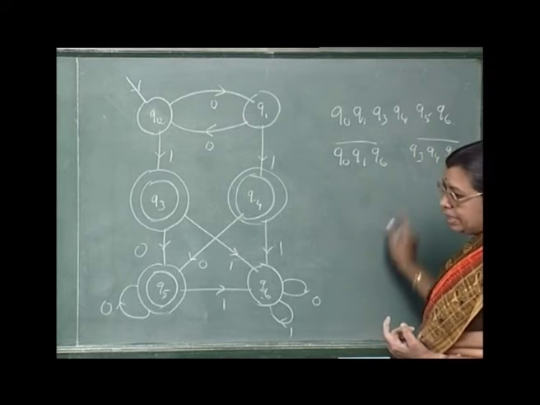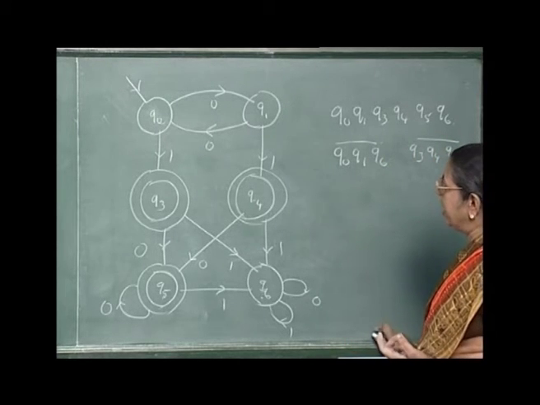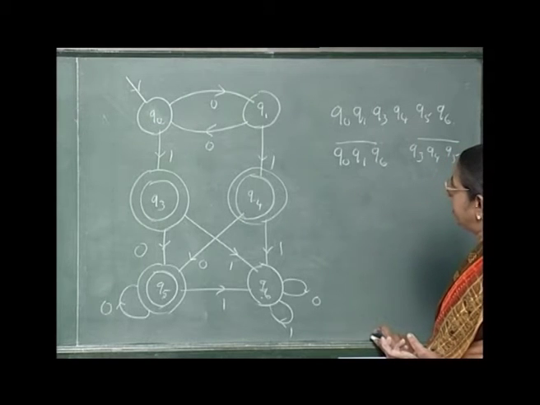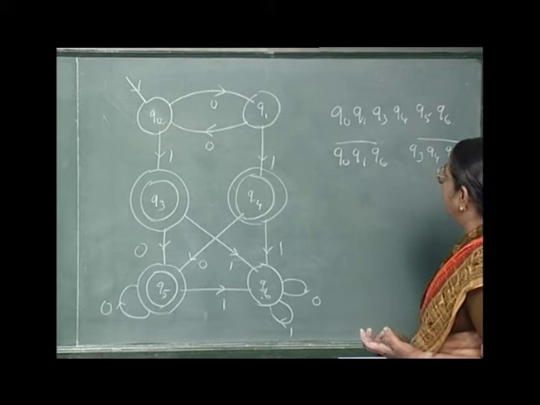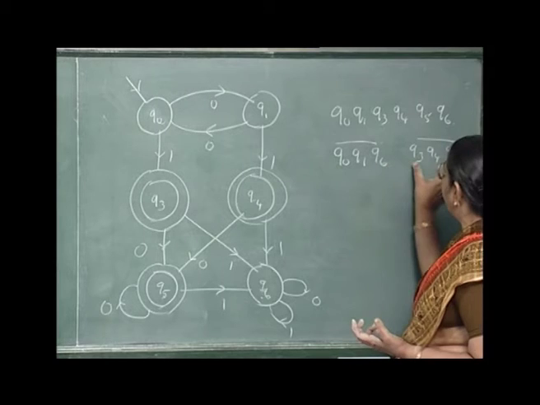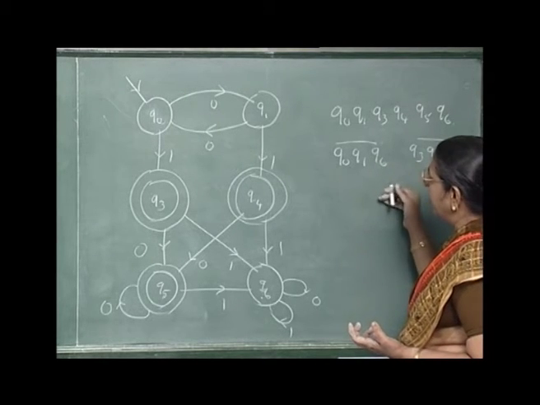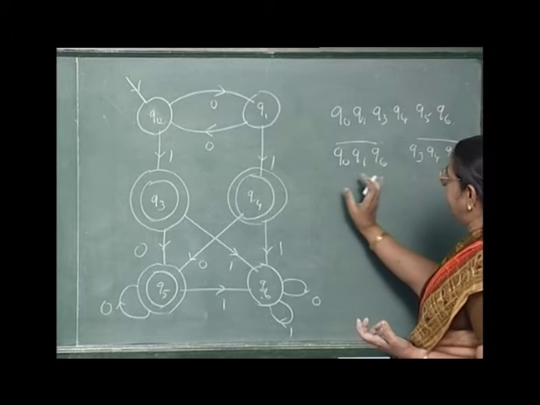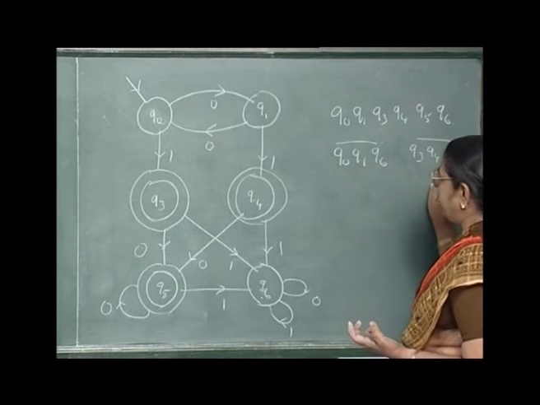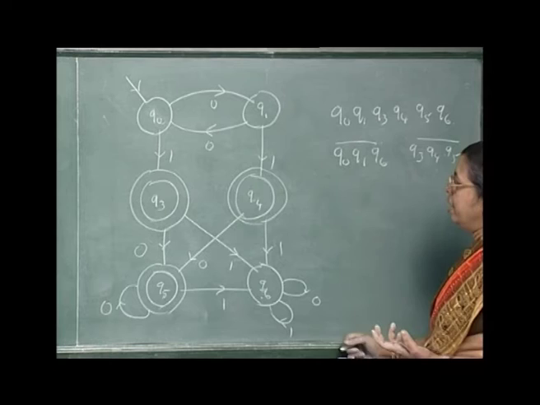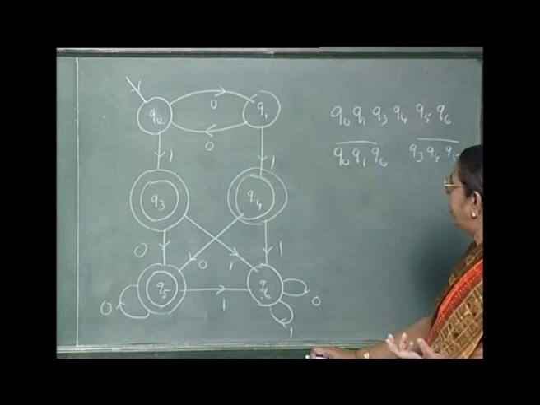And to partition this, you made use of the empty string as the distinguishing sequence. So, non-final states form one block, final states form one block. You have to still try, the possibility is these 3 may be equivalent. You have to test further whether they are equivalent.